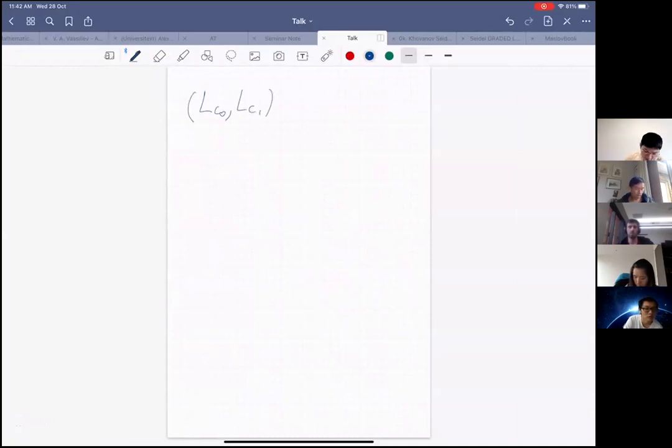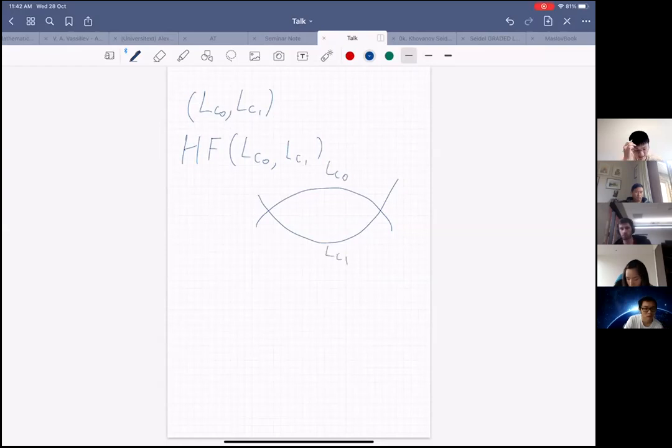Given 2 Lagrangians, if you look at the Floer cohomology of these 2, you should look at the intersection number, and the intersection number will form the chain complex.